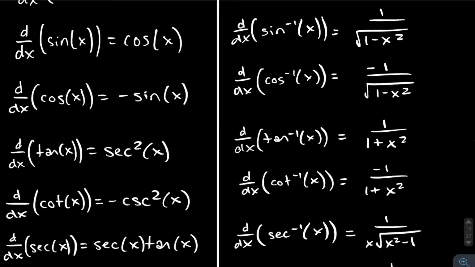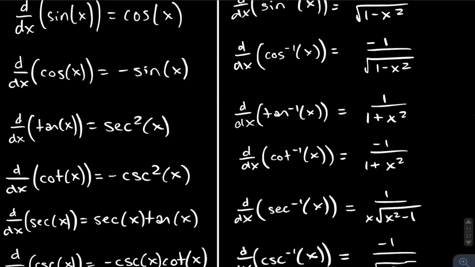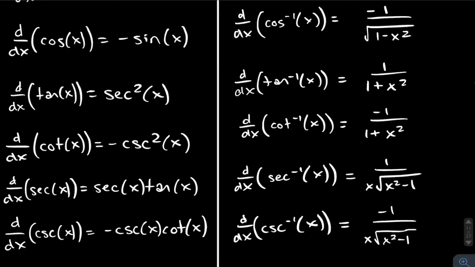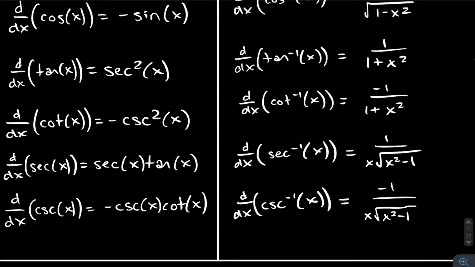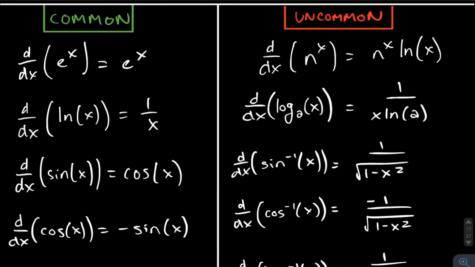The derivative of inverse cosine is negative 1 over the square root of 1 minus x squared. Derivative of inverse tangent, 1 over 1 plus x squared. Derivative of inverse cotangent is negative 1 over 1 plus x squared. Derivative of inverse secant is 1 over x times the square root of x squared minus 1. And the derivative of inverse cosecant is negative 1 over x times the square root of x squared minus 1.